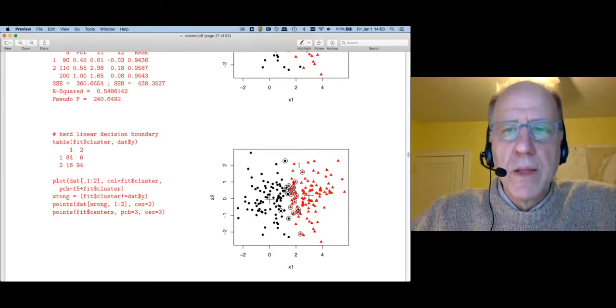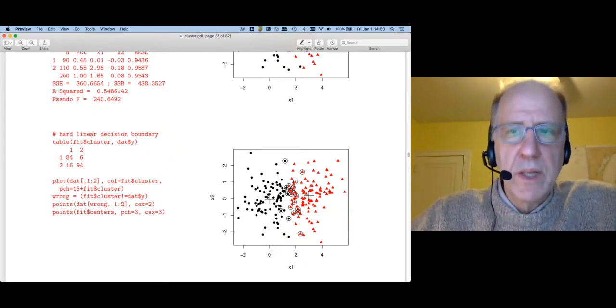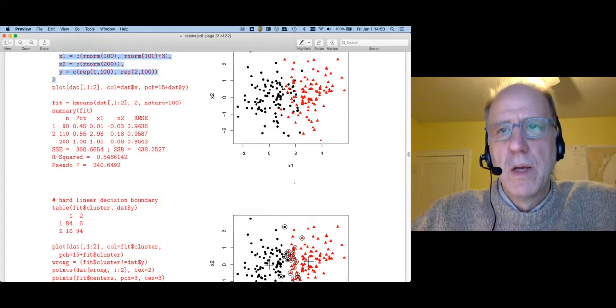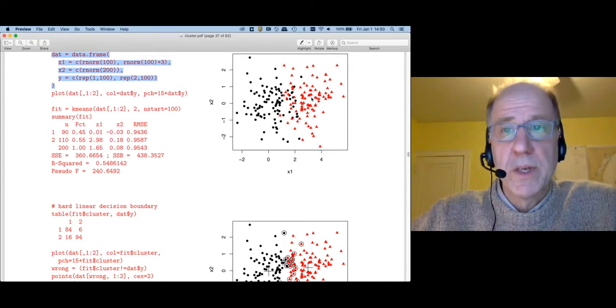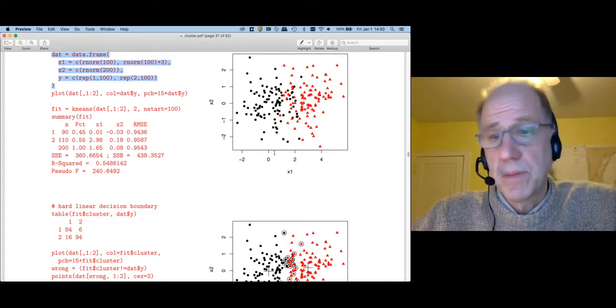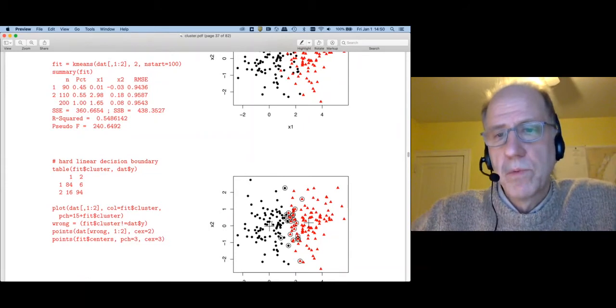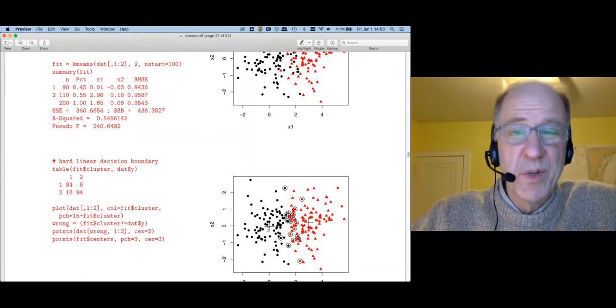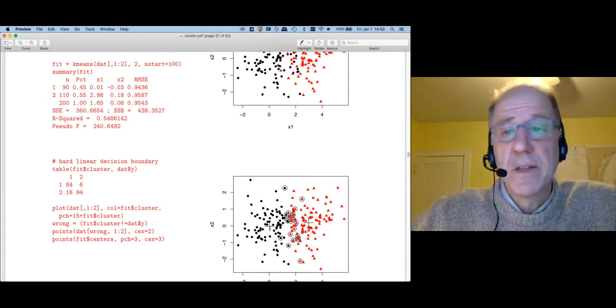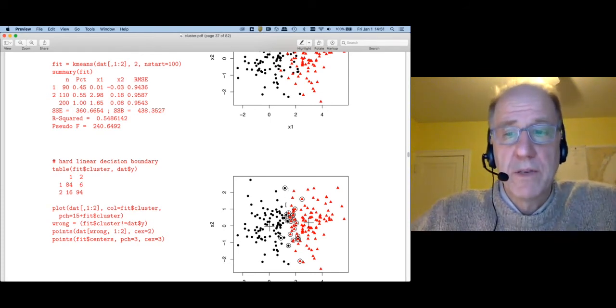Any value that is circled gets misclassified. And so let's just compare these for a second. You're going to see this red triangle up here is quite far from the center. It's actually closer to the black center. And therefore, when we assign it to the closest cluster centroid, it's slightly closer to the black center, so it gets assigned there, but technically it's misclassified.